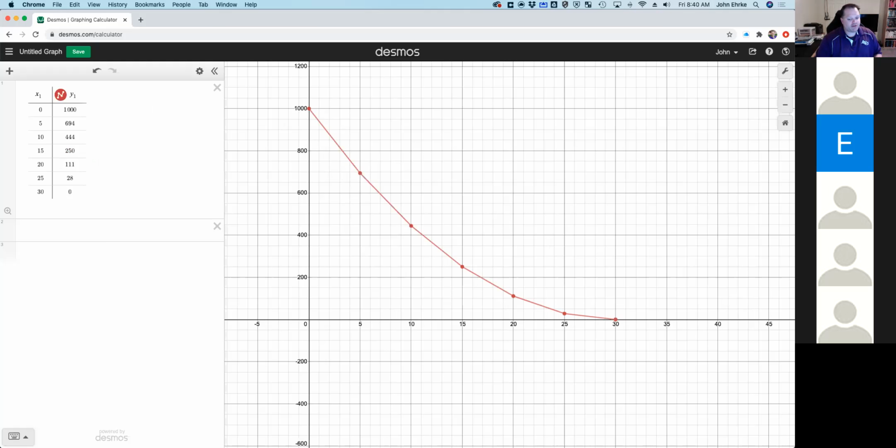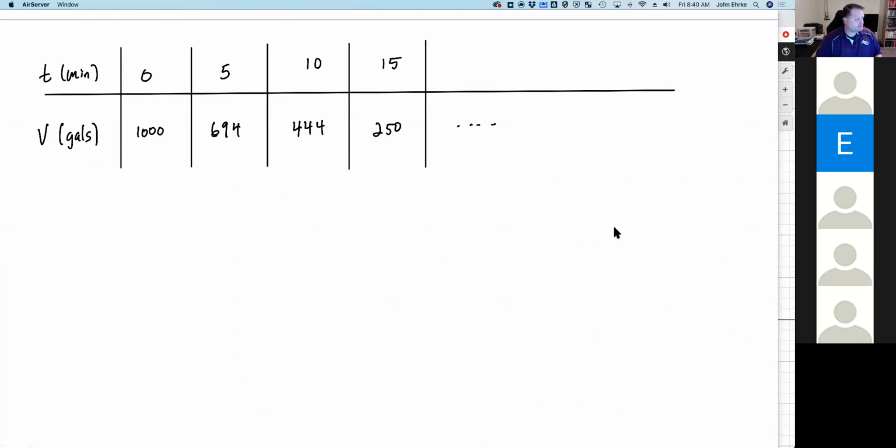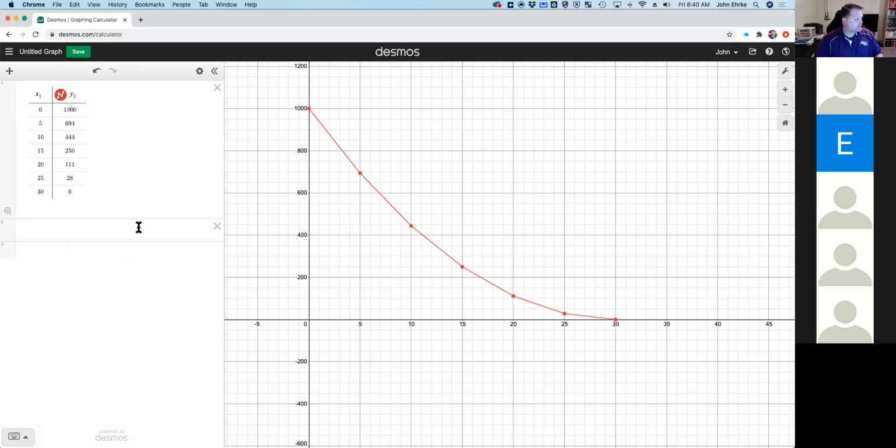I could verify that by going in, and here's my table. I could calculate S of 5 minus S of 0 over 694 minus 1,000. Let me just quickly calculate that in Desmos. S of 5 minus S of 0 over, whoops, we don't have an S anymore.